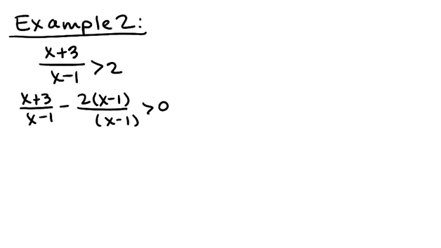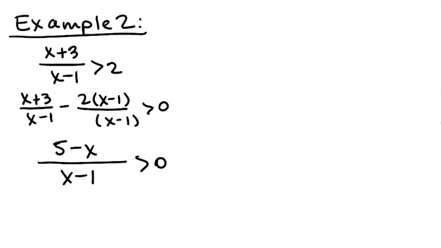I'm going to have x plus 3 minus 2x minus 2. That's x plus 3 minus 2x plus 2 more. So this is going to end up being negative x plus 5, or 5 minus x, and we still have that same denominator of x minus 1. That's why we get the common denominator, so we can turn these into one fraction that we can analyze.